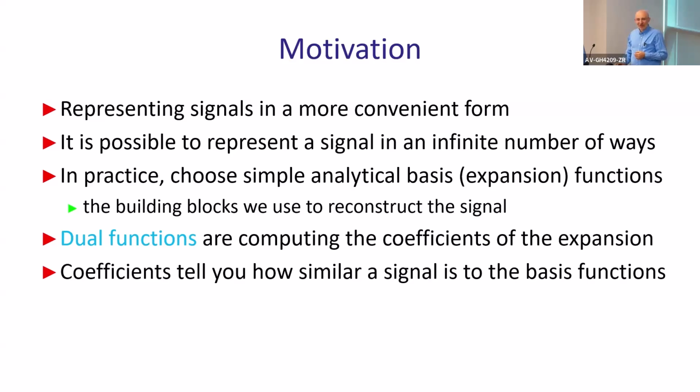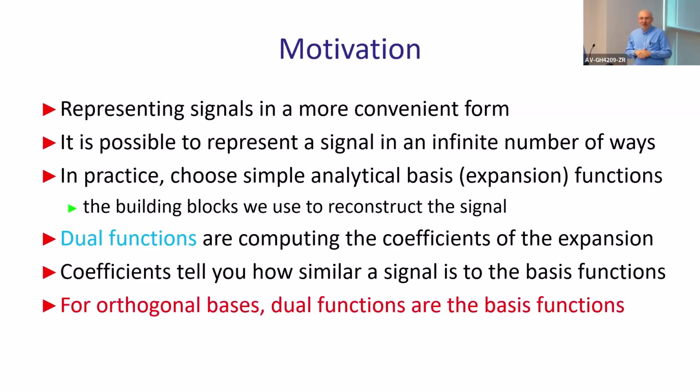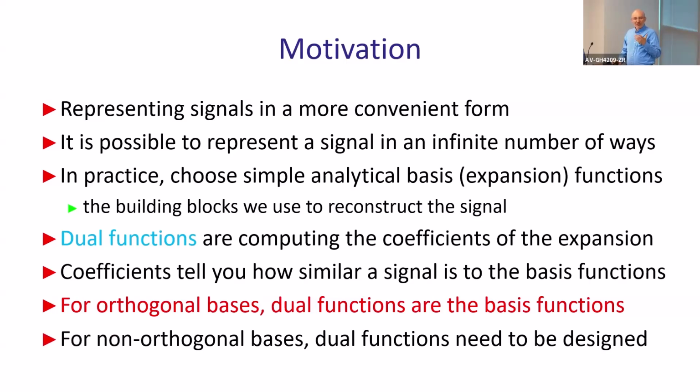Almost like a correlation method. For an orthogonal basis, the dual functions will be the basis functions, which is an extremely important property. So you will have exactly the same function up to a constant. It might be multiplied by a constant because sometimes, if it is not orthonormal, you will need to divide by the norm squared, okay, to make it the same. But the type of the function will be the same.